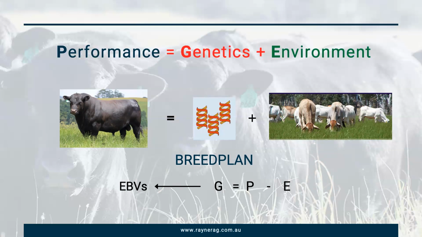And so what we're trying to take away is the impact that the environment, be it management, nutrition, location, has had on how those genes will be expressed. That gives us then the greatest opportunity to estimate the potential breeding value of that particular sire or that dam in a breeding herd that could be in Tasmania or could be in North Queensland.